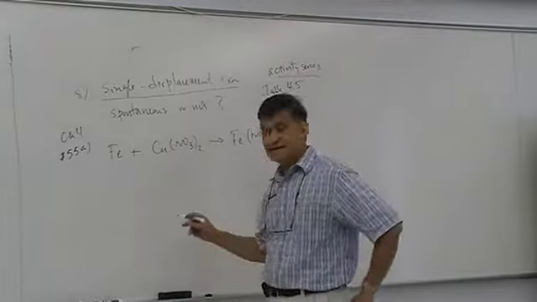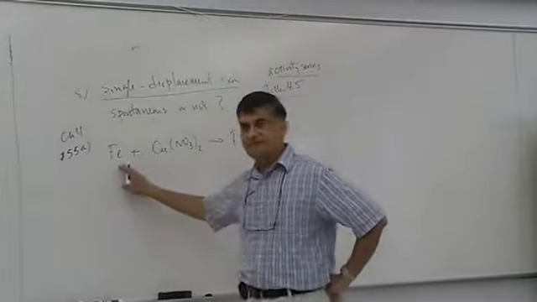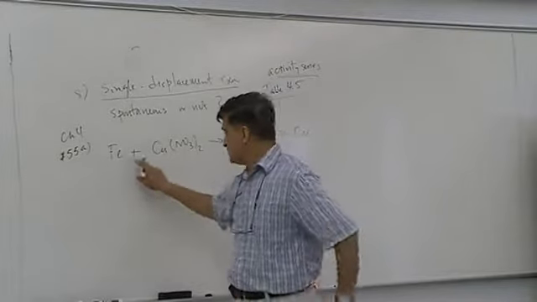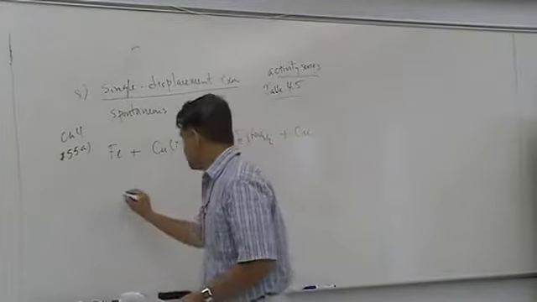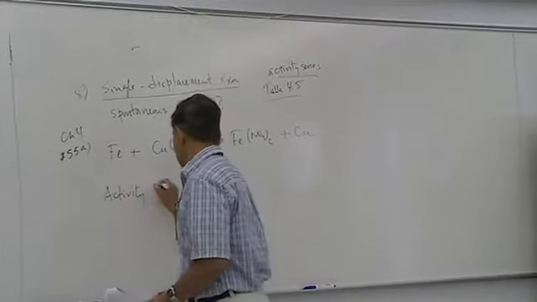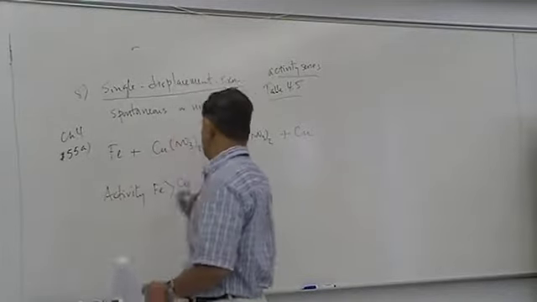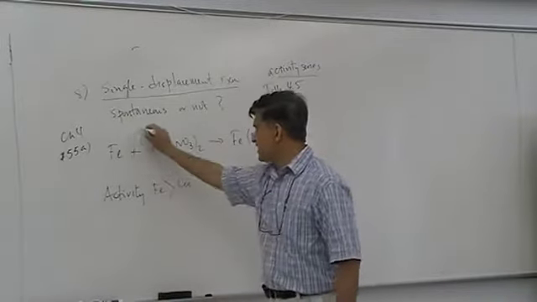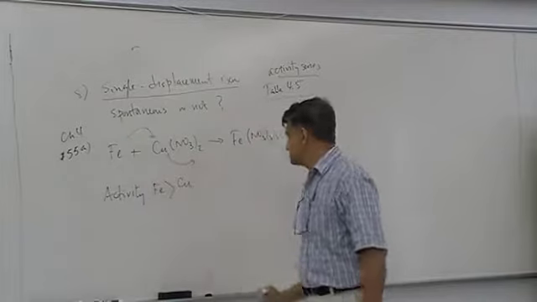Now what are you looking at? In the activity table, elements on the top are more active than elements on the bottom. If you look at this compound, you'd find that the activity of iron is greater than the activity of copper. That means iron is strong enough to displace or push out copper.